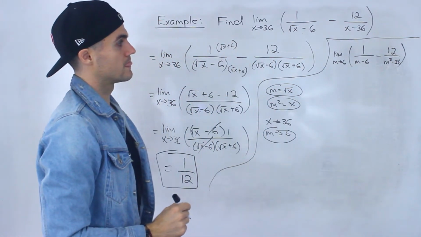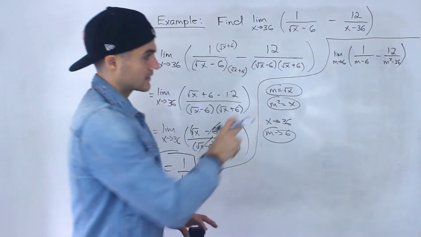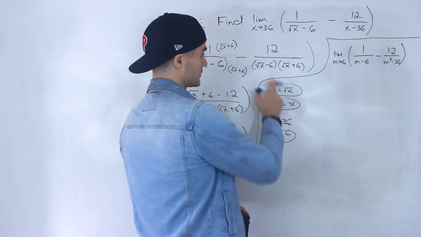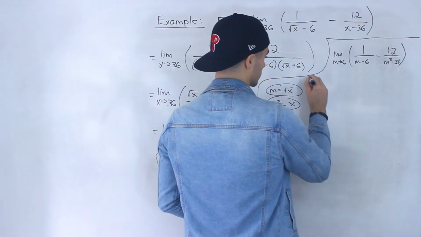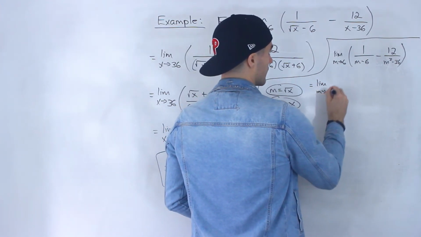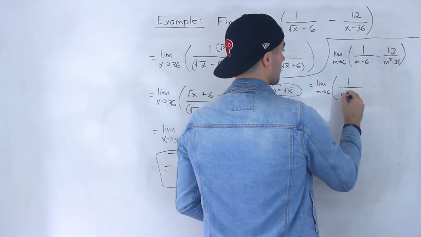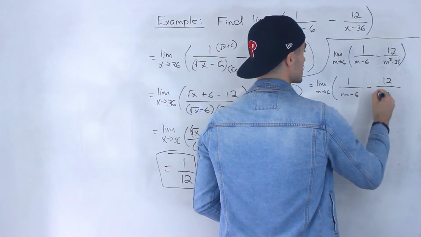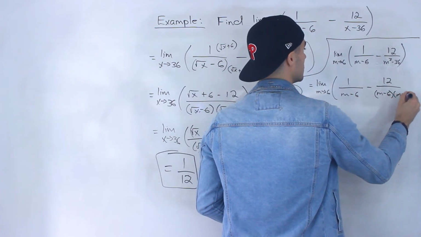And now when we factor that m squared minus 36, that's just going to be m minus 6, m plus 6. We don't have to deal with these square roots here. So if you feel more comfortable doing that, we'd have 1 over m minus 6 minus 12 over m minus 6, m plus 6.